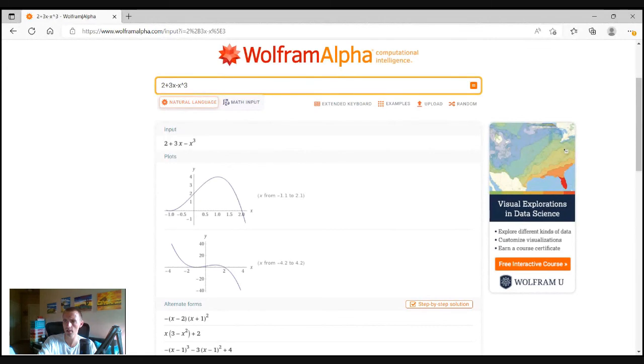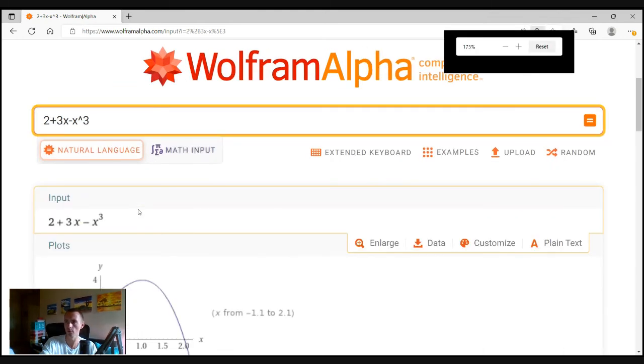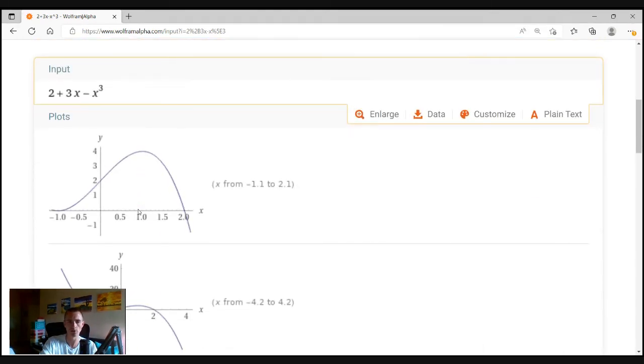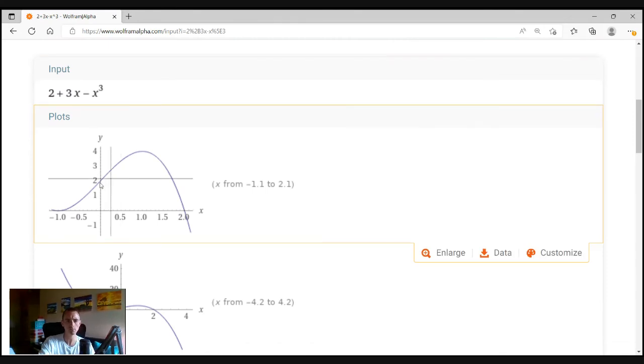So you can see this does fit the requirements of what we figured out, right? You can see we do have a local minimum right here at x equals -1. Let me see if I can zoom into this a little bit for you. Okay, perfect. So you can see we do have this local minimum here at x equals -1.